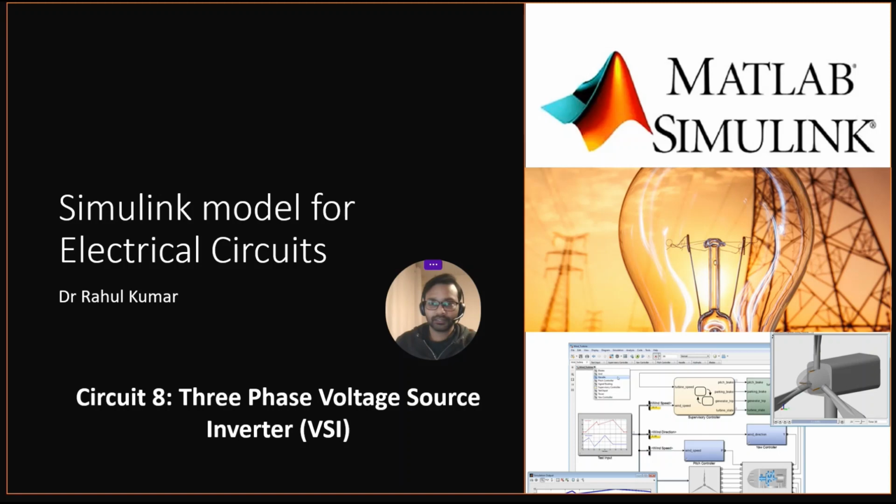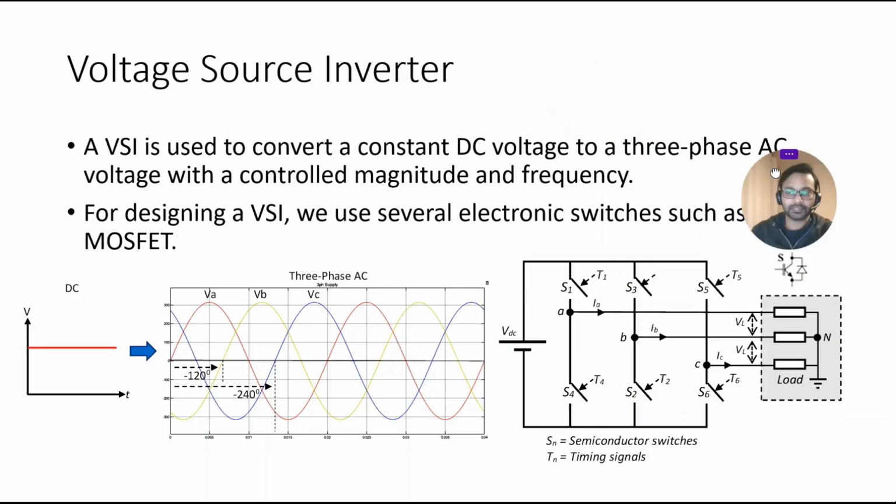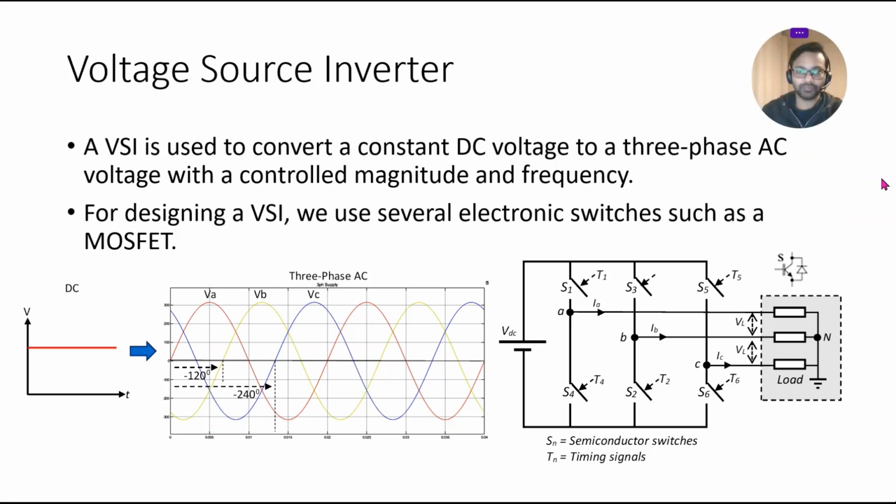So a VSI circuit is basically used to convert a constant DC voltage to a three-phase AC voltage with a controlled magnitude and frequency. That is VSI circuit. It can convert the DC voltage into a three-phase voltage source of a required magnitude and frequency.